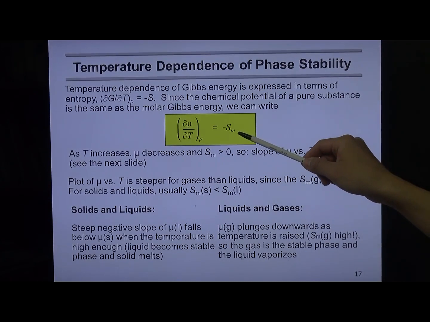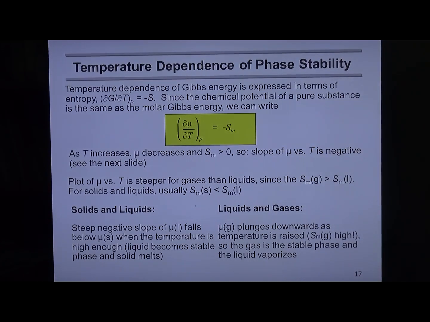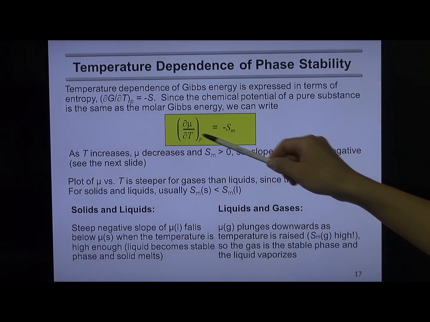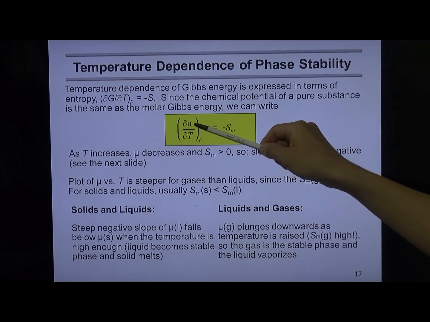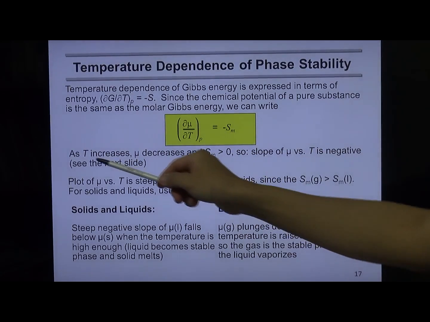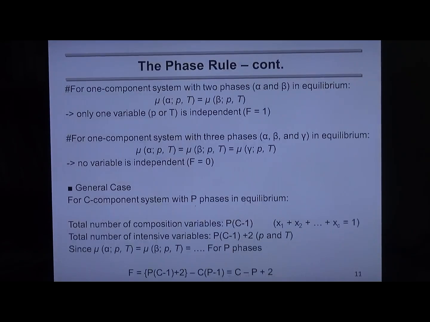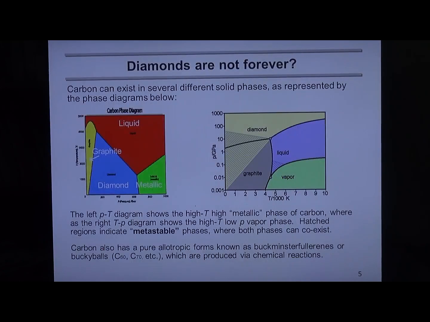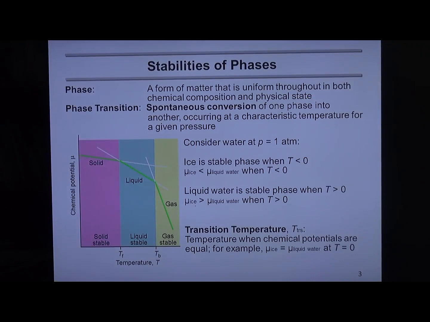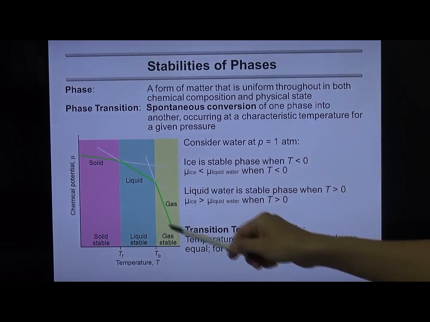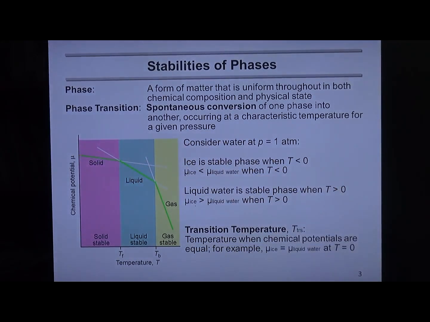Since entropy is positive, minus entropy is negative, which means that as temperature increases, chemical potential decreases. And we have already seen this diagram in the previous section, right? As shown here, as temperature increases, chemical potential decreases for each phase, solid, liquid, and gas.